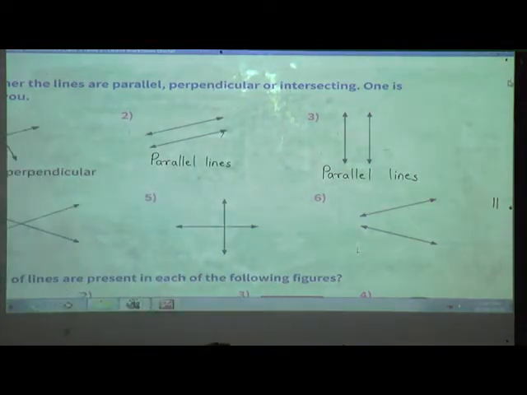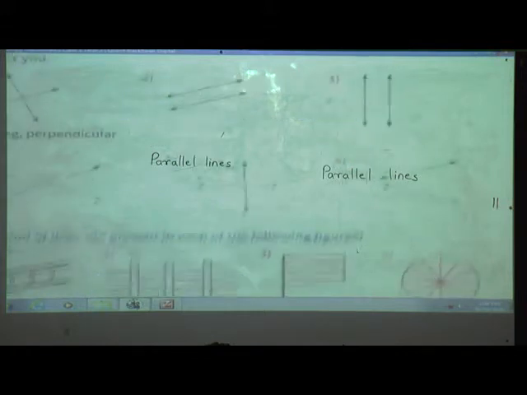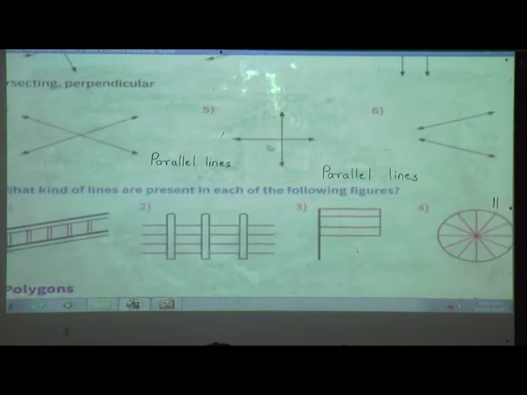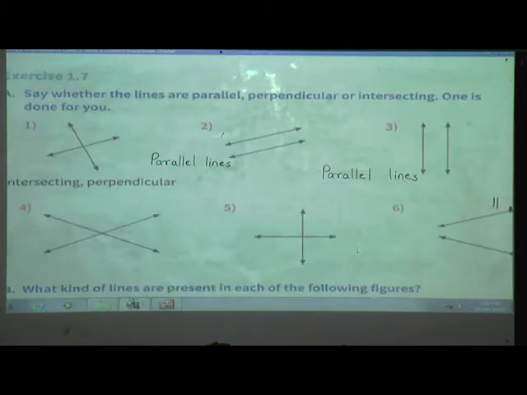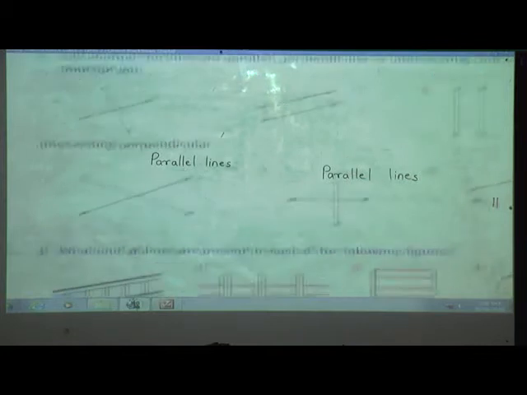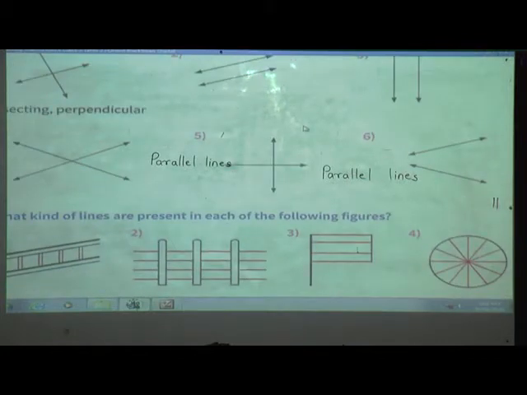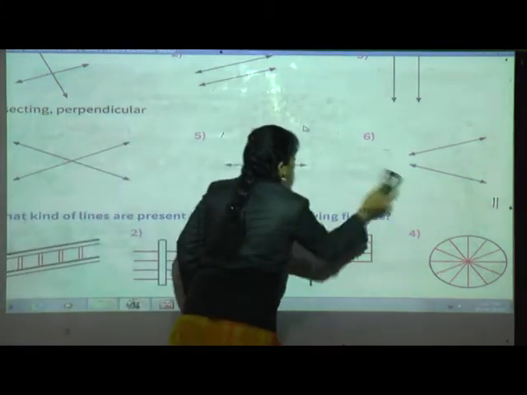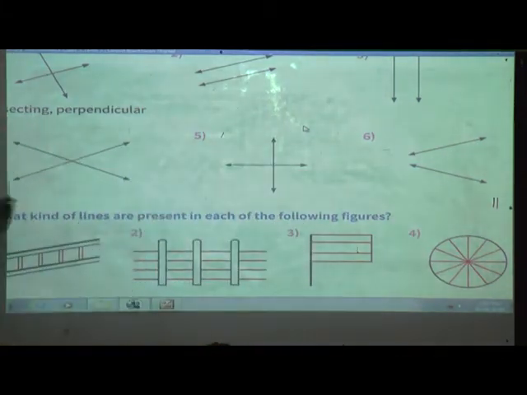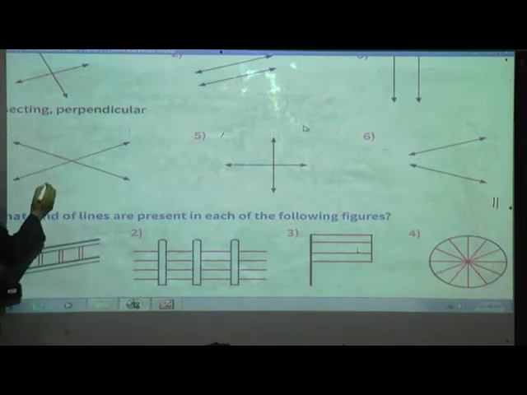Now fourth one. Yes students, give me the answer. Fourth one. They are intersecting lines.